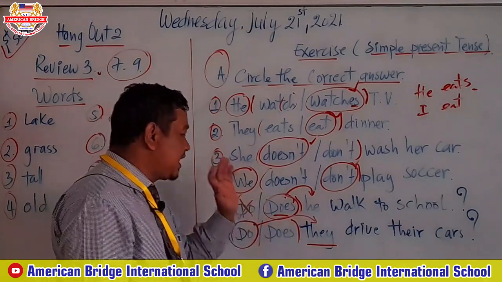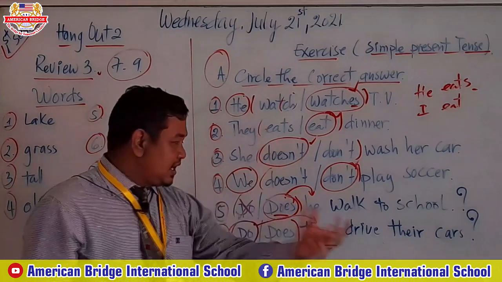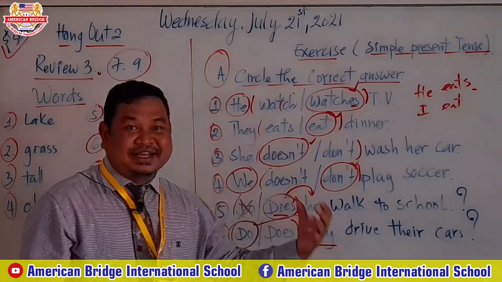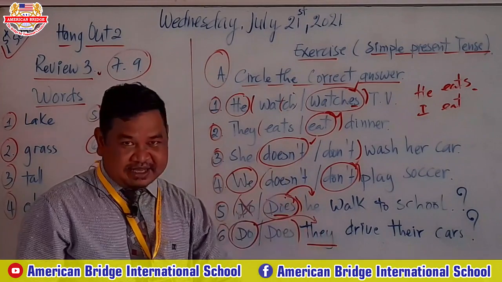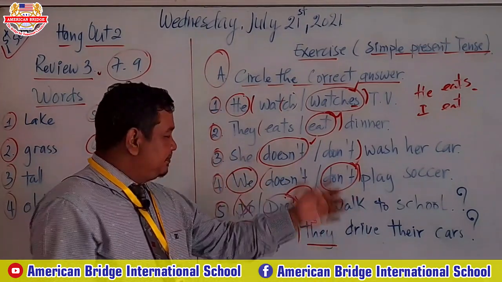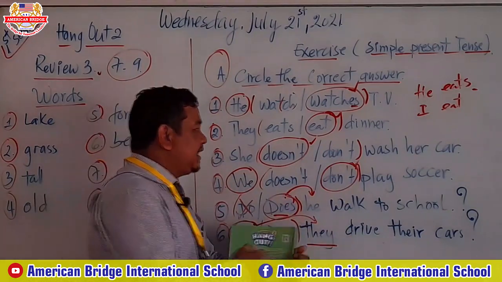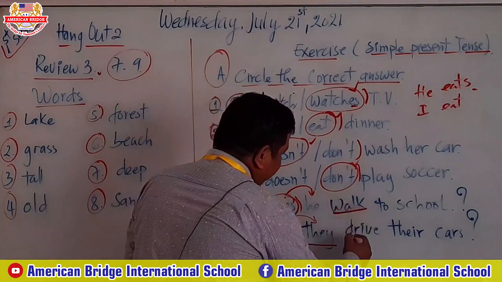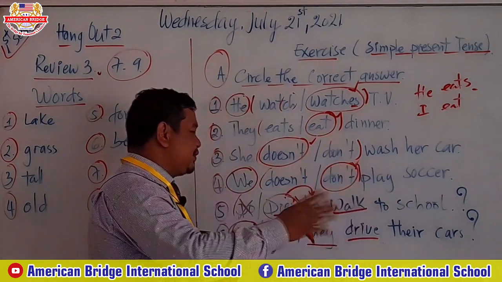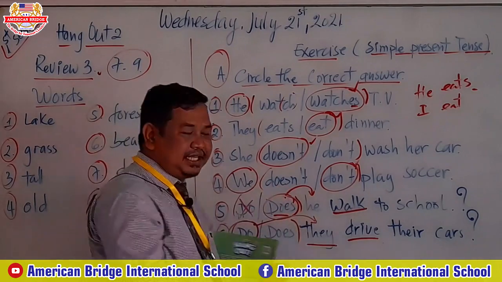Understand? When asked does, you have to answer does, and when asked do, you have to answer do, based on the subject, whether third person singular or third person plural. And the verb stays normal. You don't have to add s or es or change y to ies, because we have does or do already.